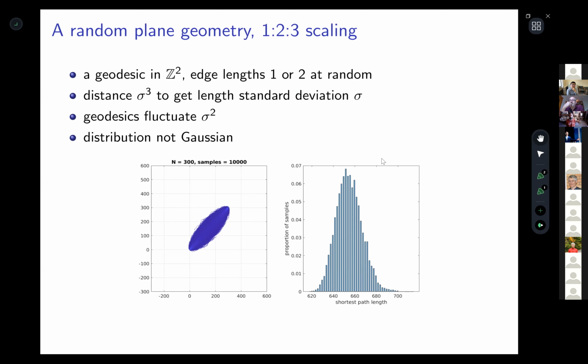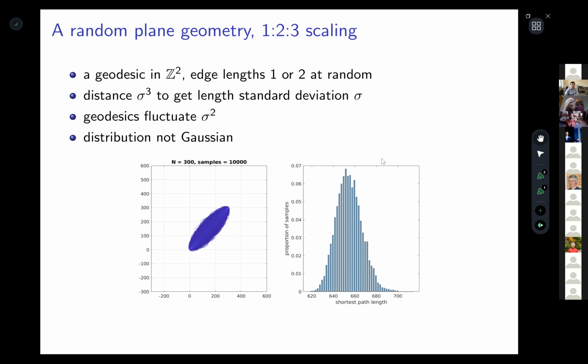It doesn't really look random when you look at it from far away. If you look at how much it deviates from a straight line, it's roughly sigma squared. This suggests that if you want to understand this kind of geometry, you have to do a different scaling lengthwise and widthwise, and that's what we will be doing.